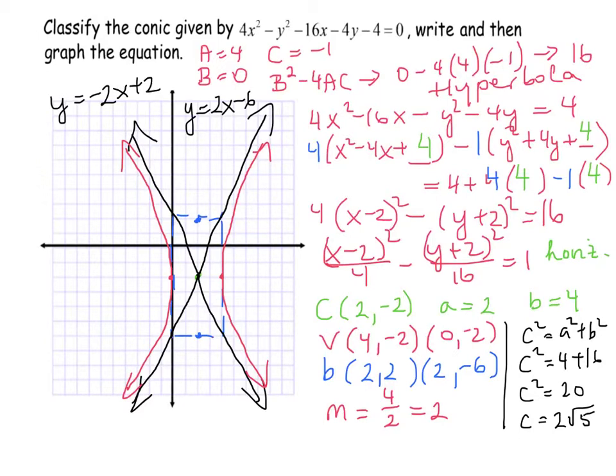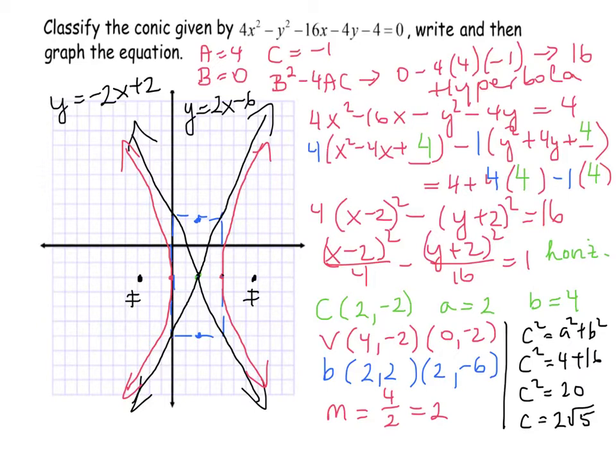So 2 times the square root of 5 is about 4.8. I'm going to use that for graphing purposes. So graph from the center to 4.8, to 4.8. This is one of my foci. My other focus, 4.8 is on this side.